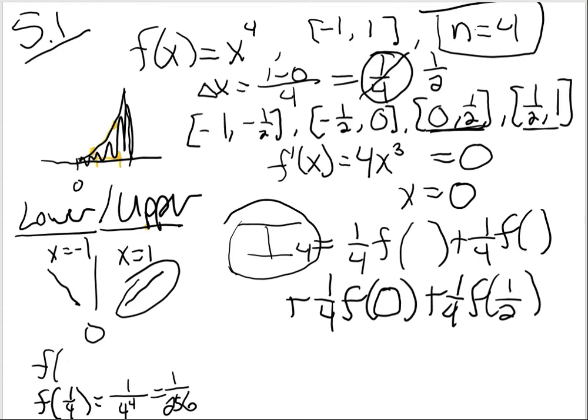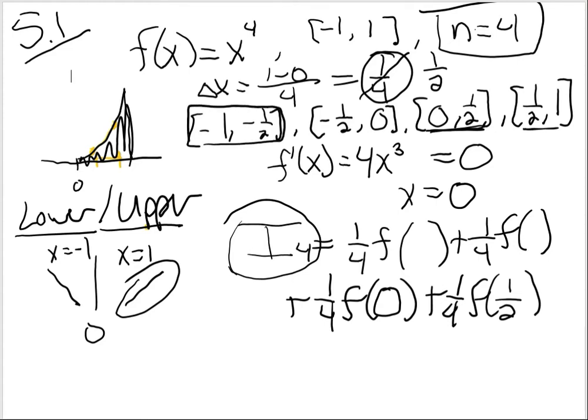But you could check, and because on negative numbers the function is decreasing, on this one it won't be the left endpoint, but it will be the right endpoint, because f of -1 is 1, but f of -1/2 is going to be 1/2 to the 4th, or 1/16.